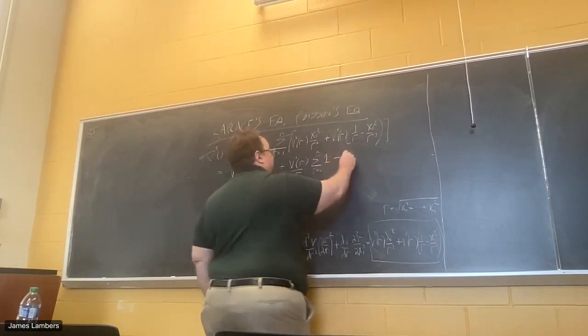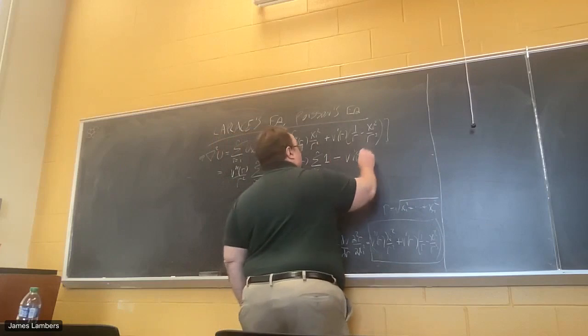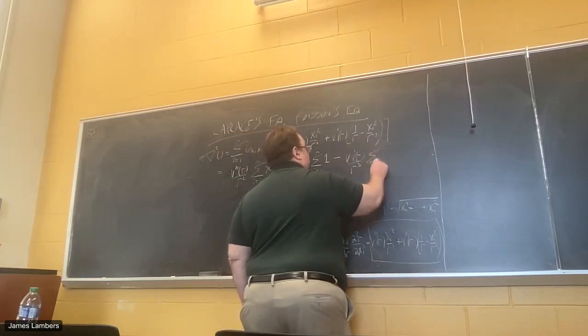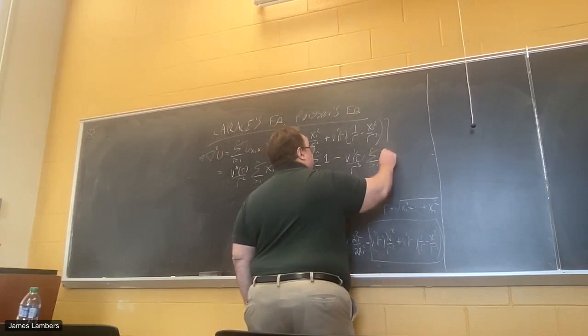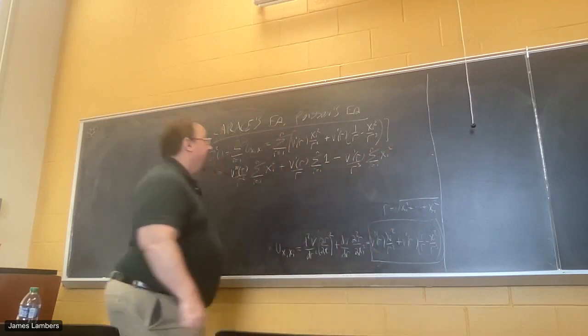And I have minus v prime of r over r cubed times the sum of xi squared.